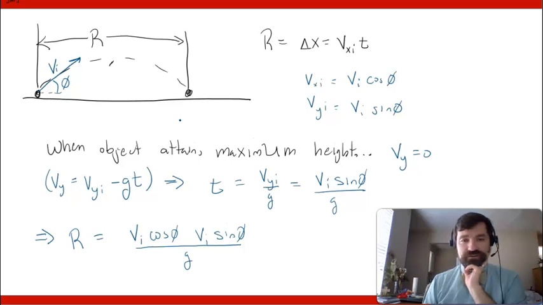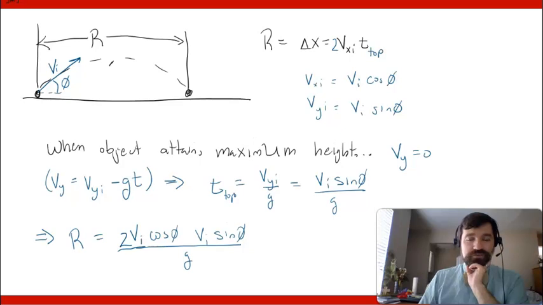This is t to get to the top, and this is the total time. So if we're calling this the time to get to the top, then this actually is 2 times the time to get to the top, because it has to go up and come back down. Effectively, that means that we include a factor of 2 down here.